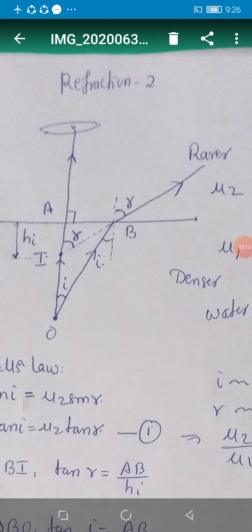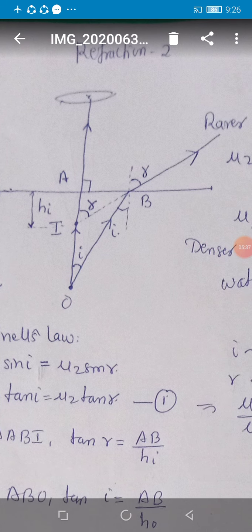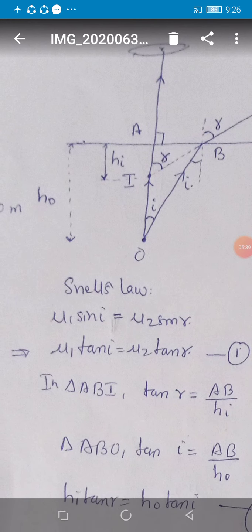The light is traveling from denser to rarer medium. I have drawn one normal, and you can see the angle of refraction r I have shown. By geometry, that r is shown on the downside also. That I is the image, student. You trace the refracted ray backward, and you will get I. O is the object, I is the image, student. Then if you see from the figure, I have applied Snell's law. And what is Snell's law?